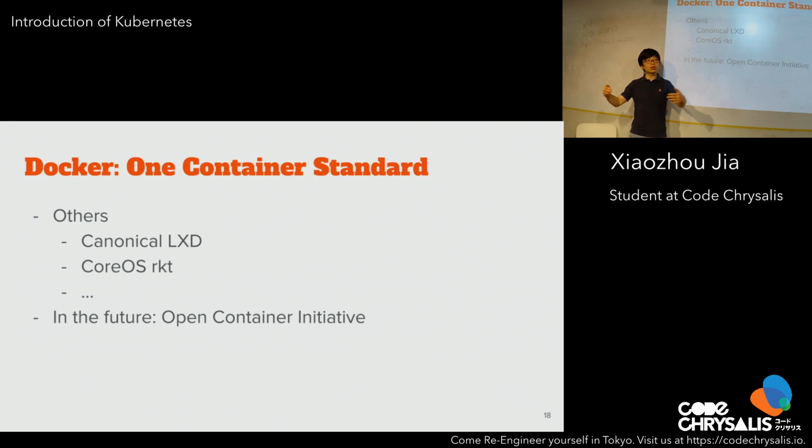And so I have been talking about containers. So what is Docker? I had the impression that Docker is usually used interchangeably with container. But to be precise, Docker is just one container standard. And I would love to use the example of the shipping business.